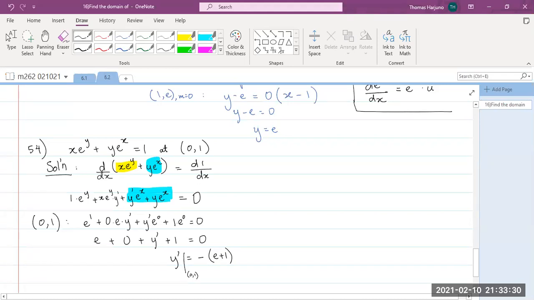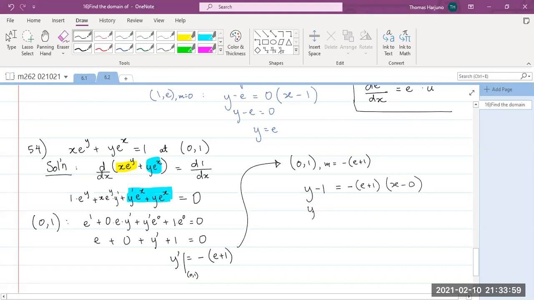Now what I need is the equation of the tangent line. What's the coordinate? The coordinate is (0, 1), while the slope is negative of e plus 1. So y minus y1 equals the slope times x minus x1.